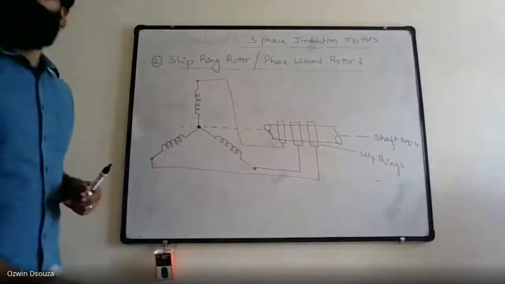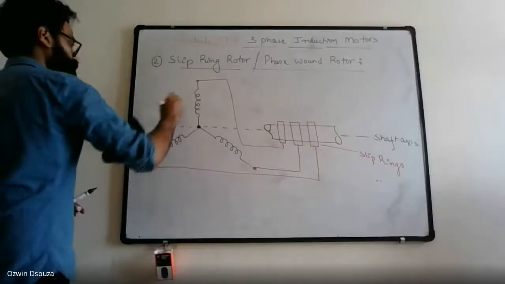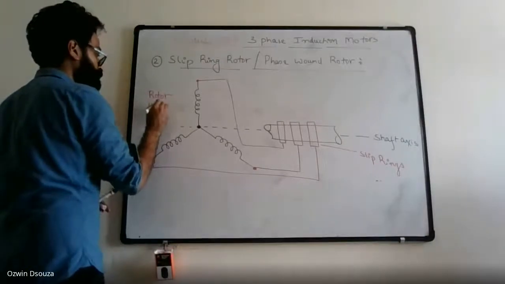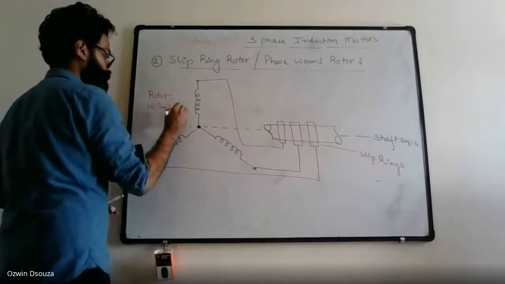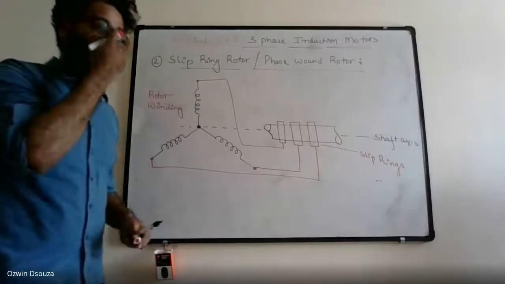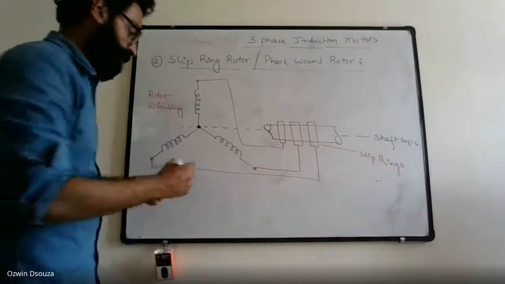One end of the slip ring is connected to the rotor winding. That's the reason I have drawn it in the form of a coil. A coil refers to an RL circuit or the winding.